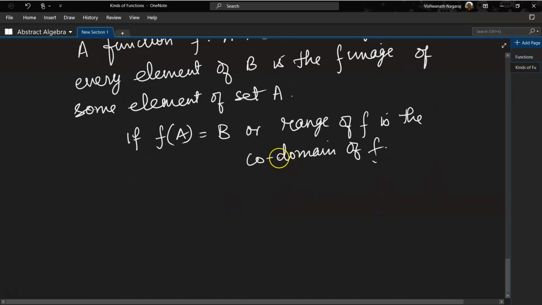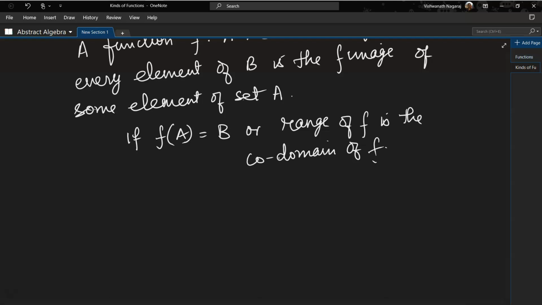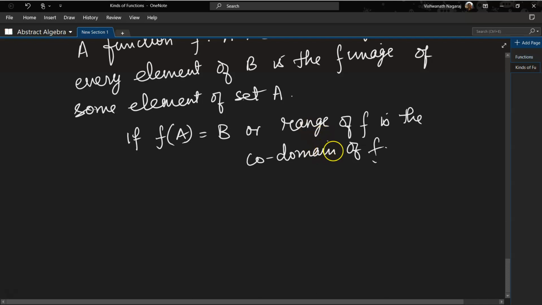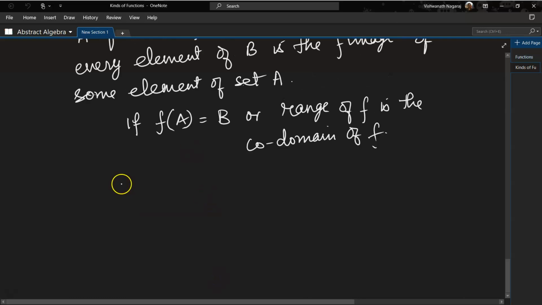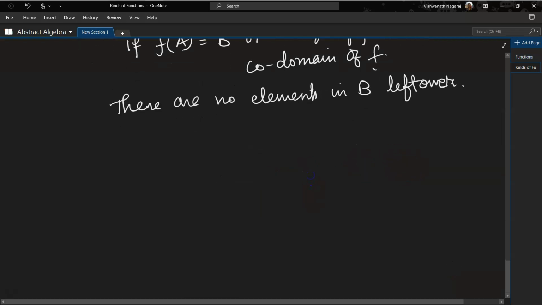Codomain is what? Codomain is all the possible values, that is the entire set B. But within that, range is those specific values which actually map to a particular value in A. Now, if they both are the same, that means every element of B maps to an element of A. So that means there are no leftovers, no elements in B left over. Now how do we check for this?